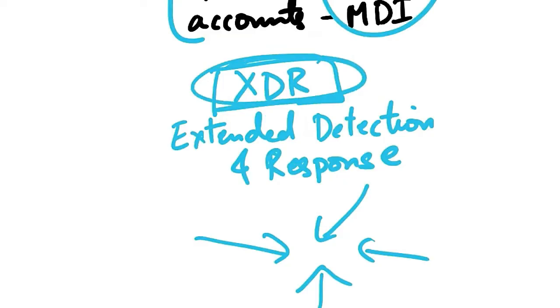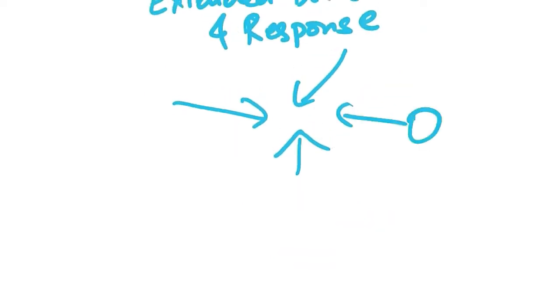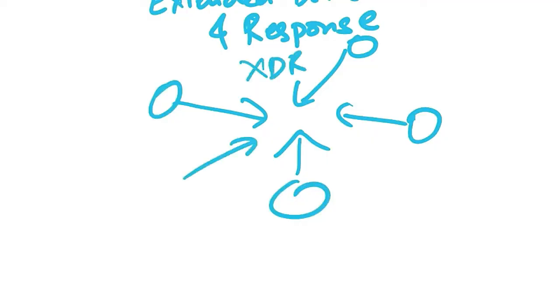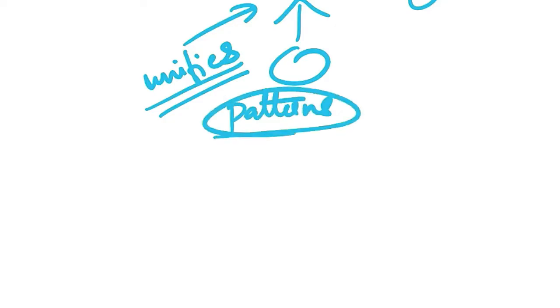XDR goes beyond the traditional endpoint detection and response (EDR) or network detection and response (NDR) capabilities. Before, all these security tools were isolated. Now XDR unifies them. Because of this, you can see patterns and also act on them faster.